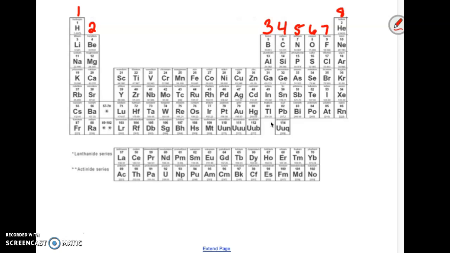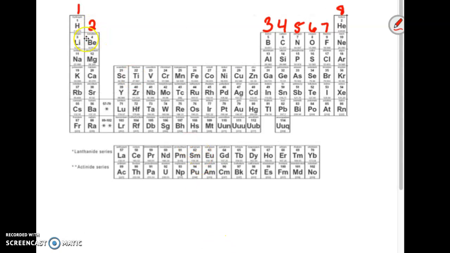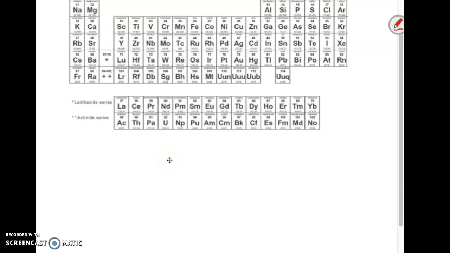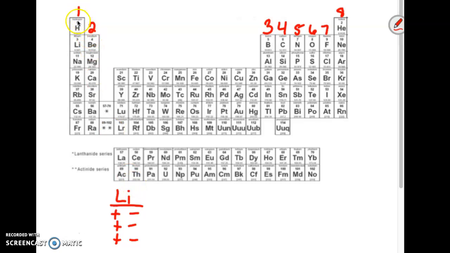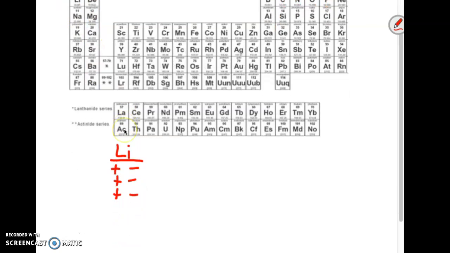So how this works for ions, let me extend the page here. I'm going to use lithium, for example. Lithium is number 3, so it has 3 protons and it has 3 electrons because protons and electron number have to cancel out. Of those 3 electrons though, one of them is a valence electron because it's in group number 1.